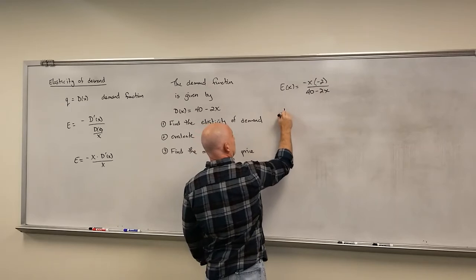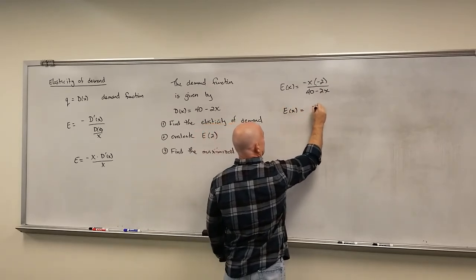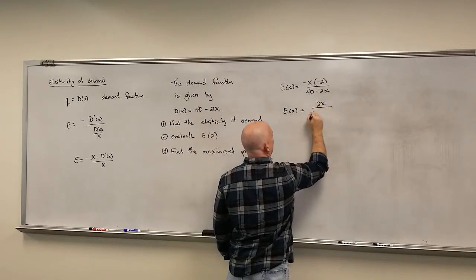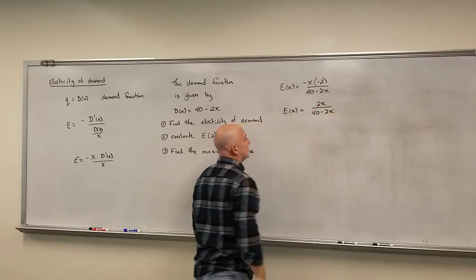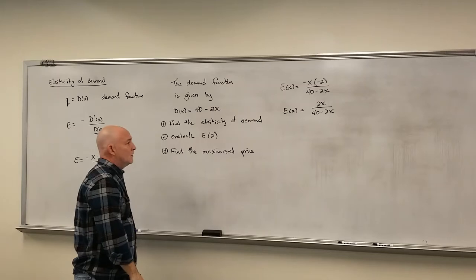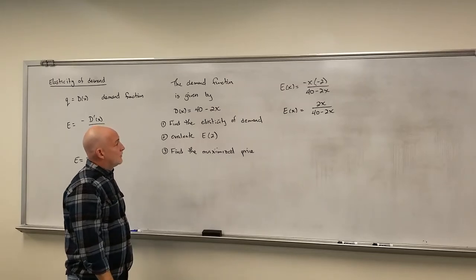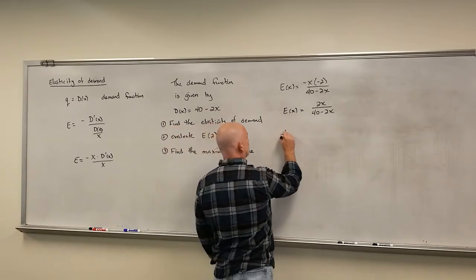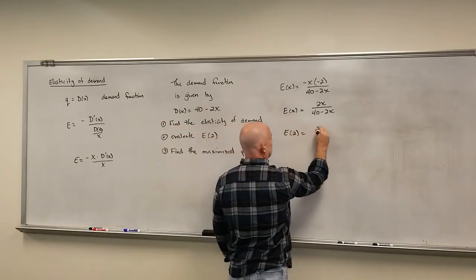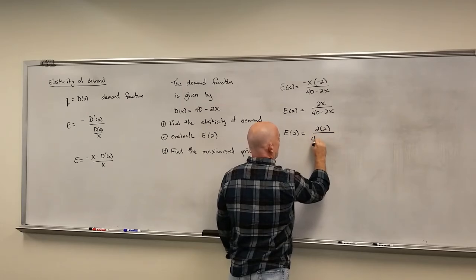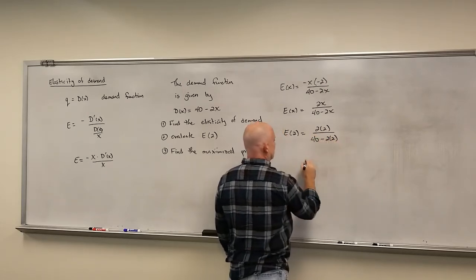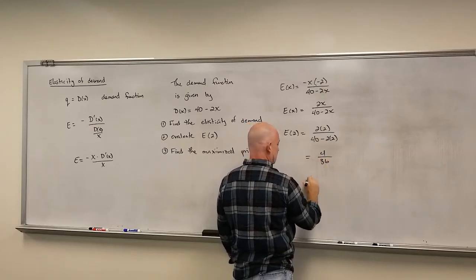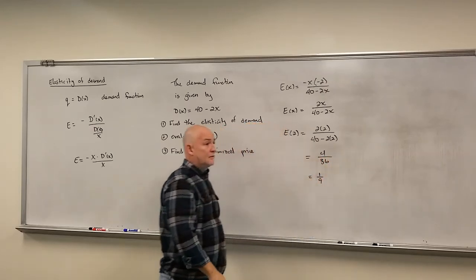Cleaning this up a little bit, E of x is positive 2x all over 40 minus 2x. Okay, so that's our first part. There's our elasticity function. We wanted to evaluate this at 2, so E of 2 would be 2 times 2 over 40 minus 2 times 2, so that's 4 over 40 minus 4, which is 36, or 1/9.